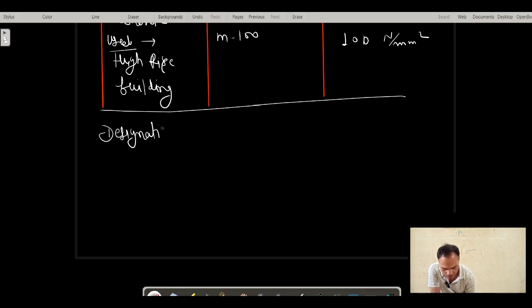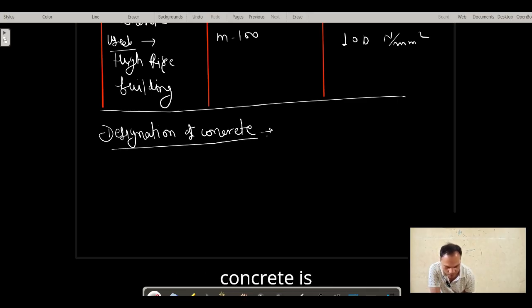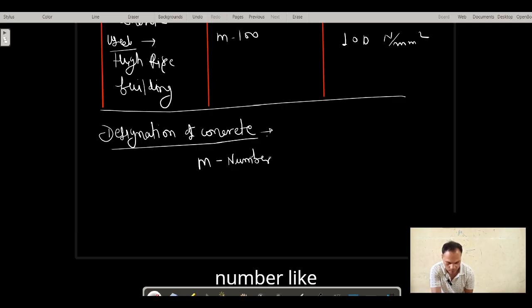The concrete is designated with M and a number, like M10, M15, and so on.